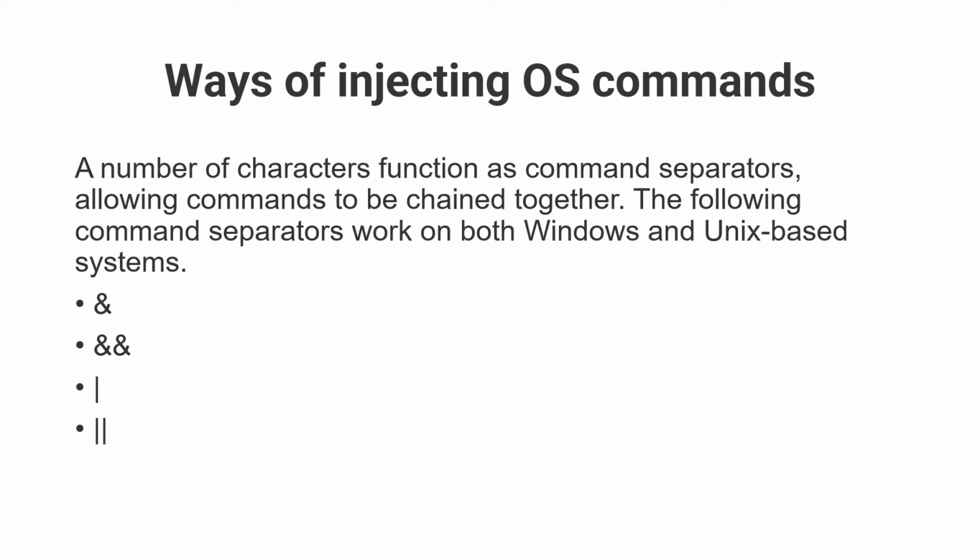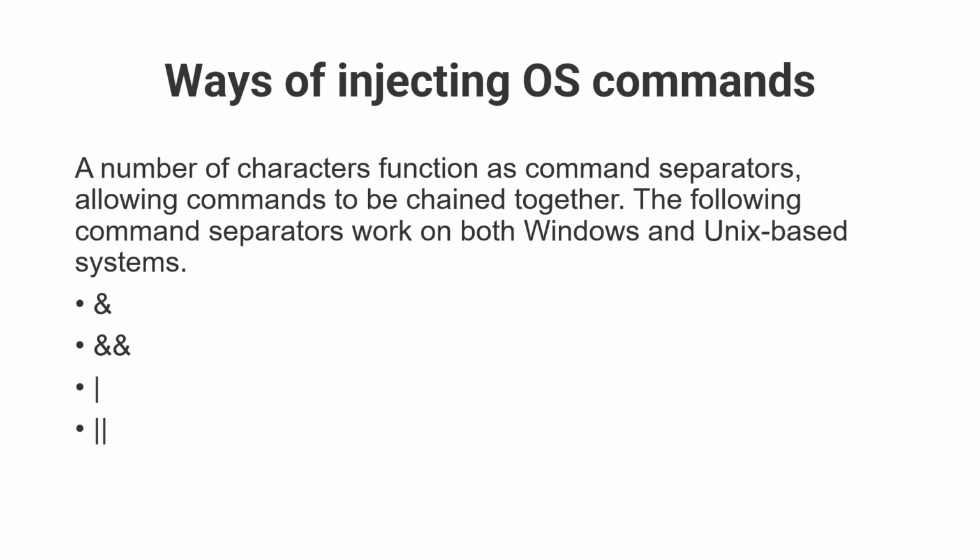Sometimes the input you control appears within the original command. In some situations, you need to terminate the quoted content before using a shell symbol to inject a new command.